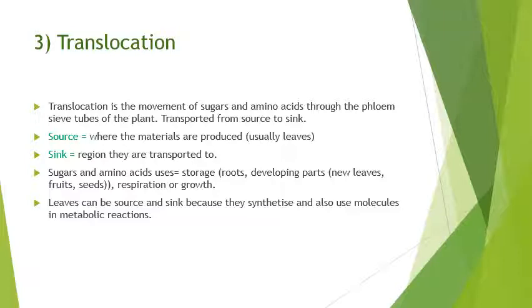Sugars and amino acids are used for storage, as it were, but also importantly for respiration and growth. So it's very important that the plant should be able to get them to all the parts of its body. Like I said earlier, leaves can be source and also sink because they do use molecules in their metabolic reactions. In particular, just as spring starts out, imagine a huge oak tree or a linden tree.